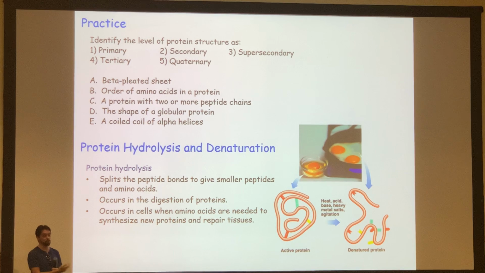If I do protein hydrolysis, what levels of structure does that disrupt? Primary. If you disrupt primary, you disrupt everything above. Just like if you disrupt tertiary, you automatically disrupt your quaternary. Any level of structure you disrupt, you automatically lose all the ones above. Makes sense. So denaturation disrupts everything except primary, and hydrolysis destroys everything in structure.